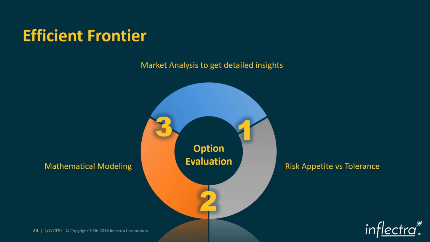So it's a really mathematical modeling based approach. You can even compare that, to some extent, with the Monte Carlo simulation that you might have seen in the quantitative approaches in risk management.